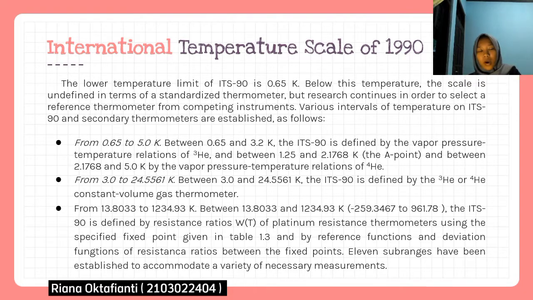Between 0.65 and 3.2 Kelvin, the ITS-90 is defined by the vapor pressure temperature relation of helium-3, and between 1.25 and 2.178 Kelvin, or the lambda point, and between 2.178 and 5.0 Kelvin by the vapor pressure temperature relation of helium-4.